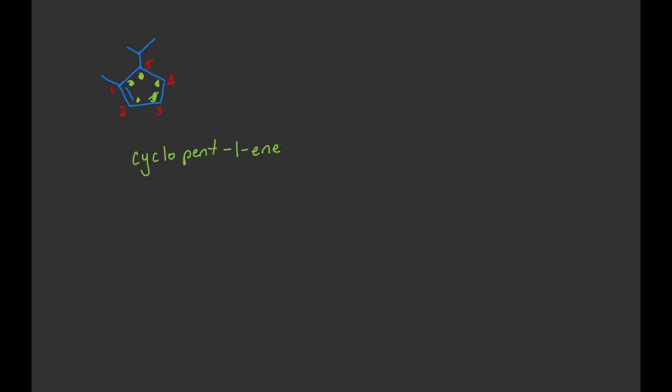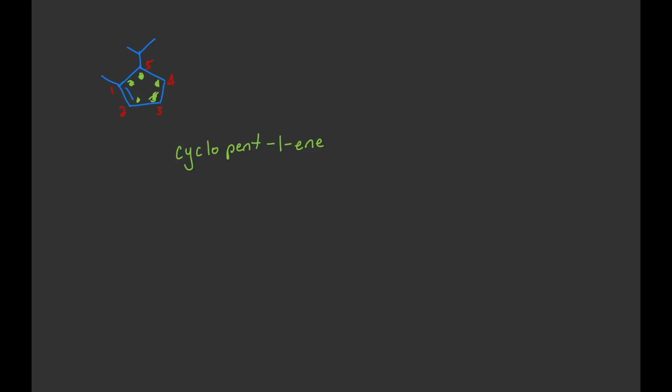And then for the remaining part of the name, again, this will be similar to that of just normal alkanes. We have an isopropyl group at position 5, and we have a methyl group at position 1.